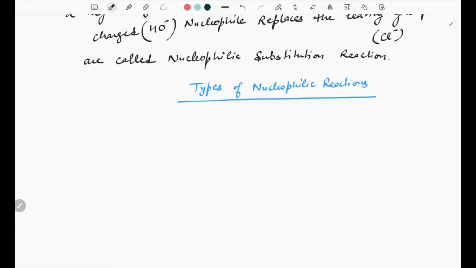Moving further, what are the types of nucleophilic reactions? Basically we are concerned with only two types, SN1 and SN2 reactions. How are they different? The order of SN1 is 1, in case of SN2 the order is 2.